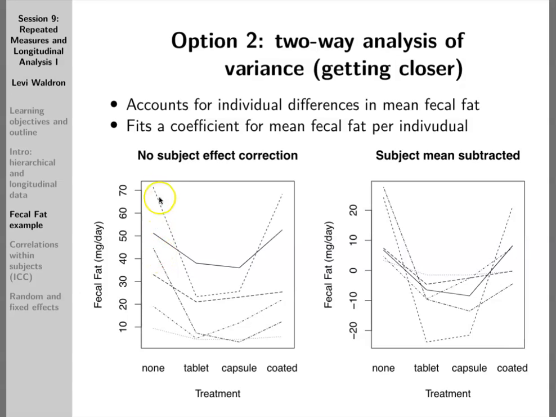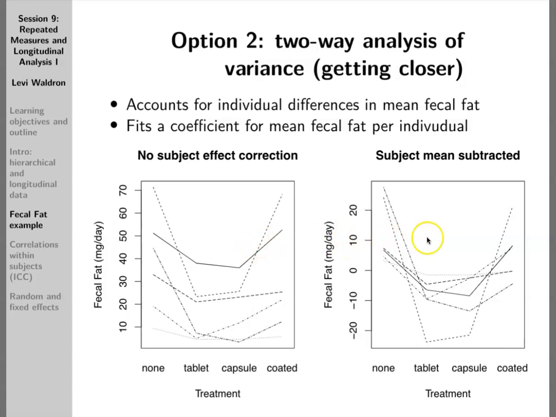And you can see here in a way that you couldn't see in the box plot that for this individual with the dashed line, there is a big reduction for the tablet and capsule, and then not so much reduction for the coated tablet. And you have this sort of U-shaped pattern across most of the patients. So you can start to see that there is a pattern that would not be visible if you don't look at this grouping by patients.